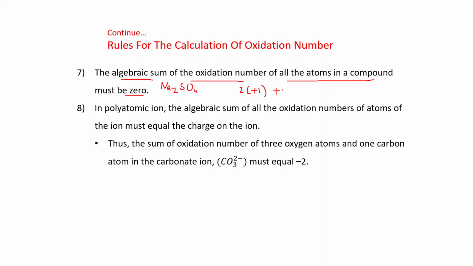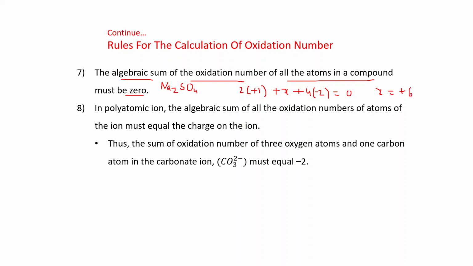Plus the oxidation number of sulfur is X, plus 3 atoms of oxygen, each having -2 oxidation number. According to this rule, the sum of the oxidation numbers of all the atoms in a compound is equal to 0. Find the value of X. So X will come to +2 - 6 + X = 0.